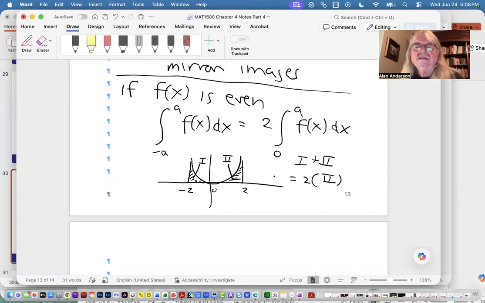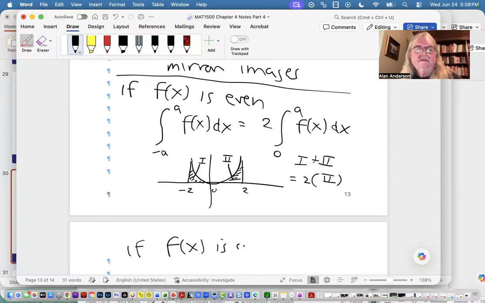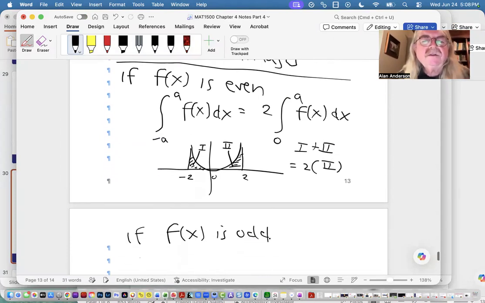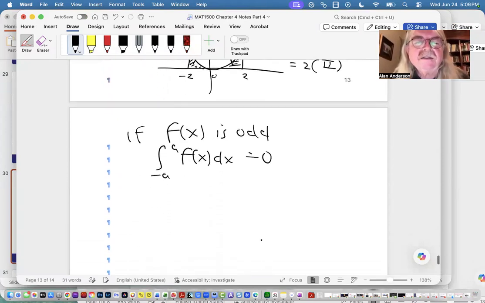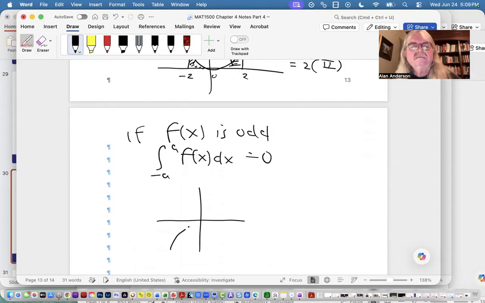And if f is odd, then the same integral will give us 0. So let's take a look at that last function and see why. Sorry, this is positive 2.